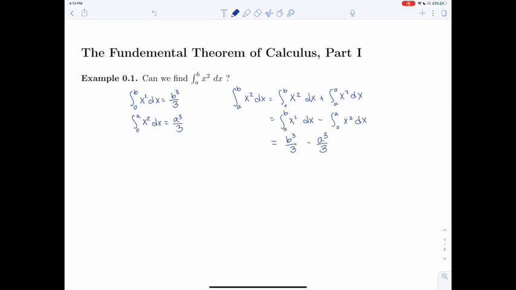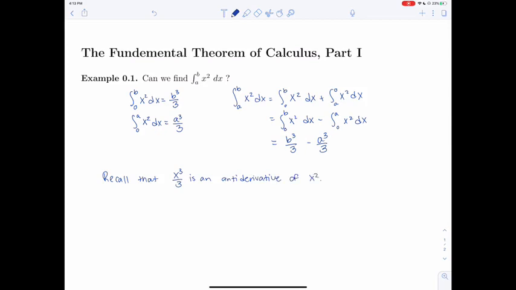So why does this matter? Why is this interesting? Well, recall that x cubed over 3 is an antiderivative of x squared.